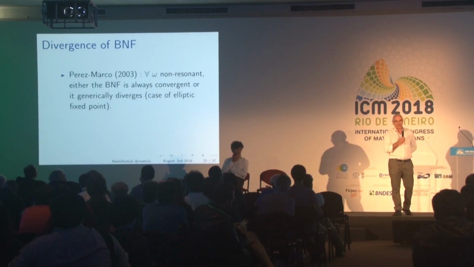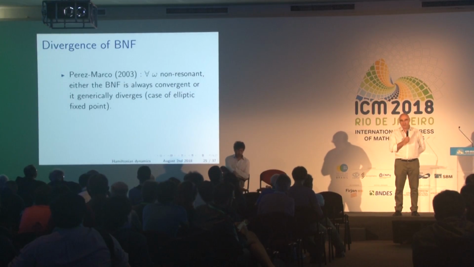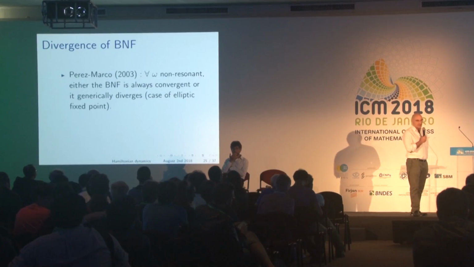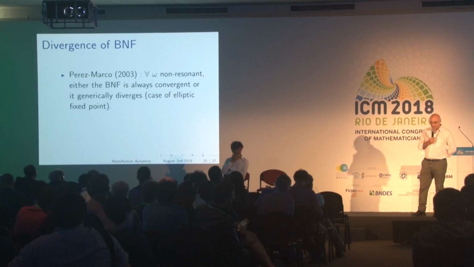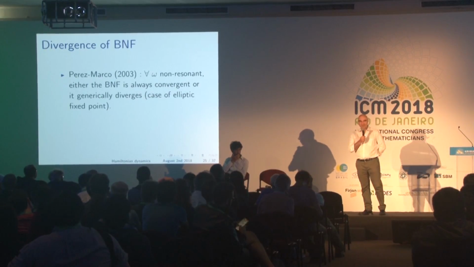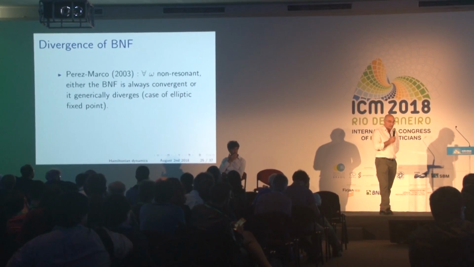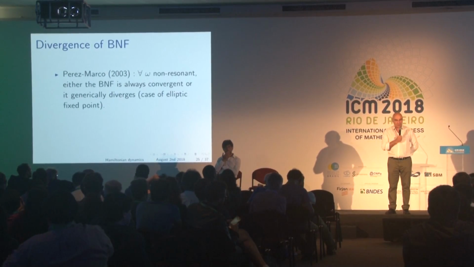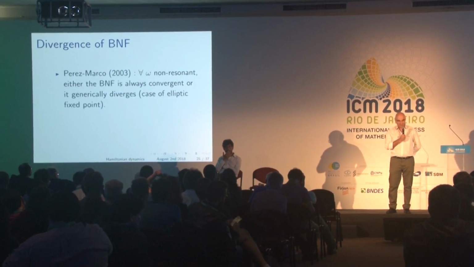Maybe the first result is due to Perez-Marco, who proved in any dimension, basically, that if you take a non-resonant elliptic fixed point, you've got a dichotomy. Either the Birkhoff normal form is always convergent, whatever the non-quadratic part is, or it is generically divergent.